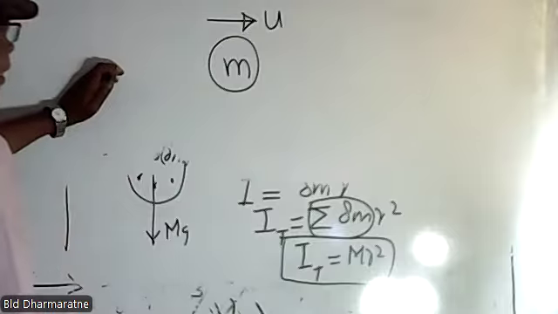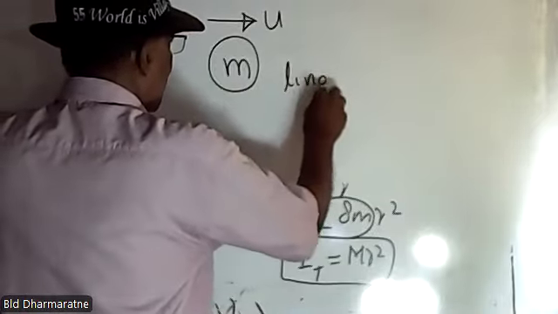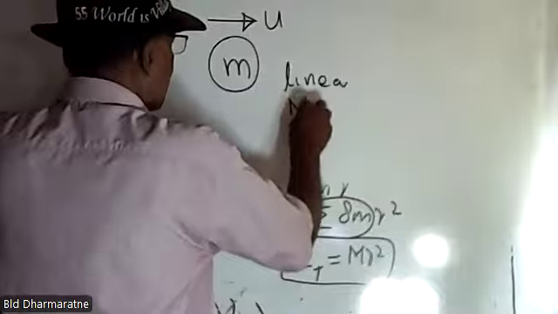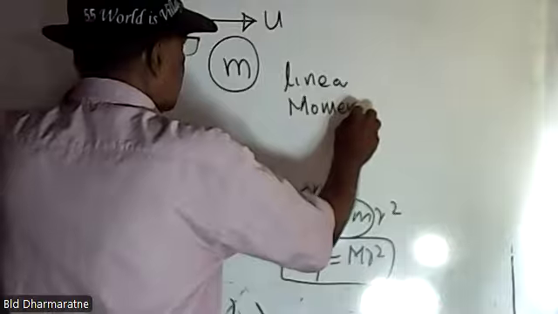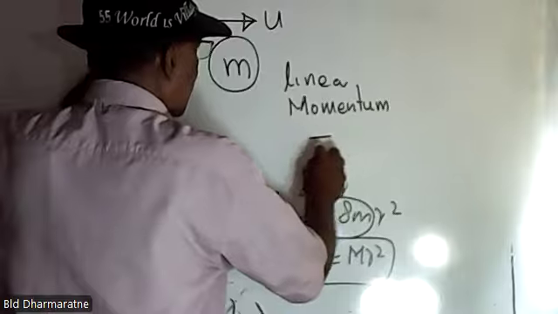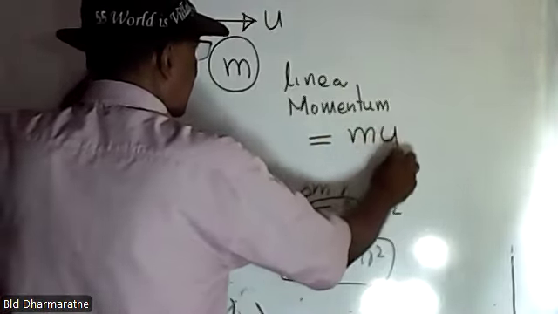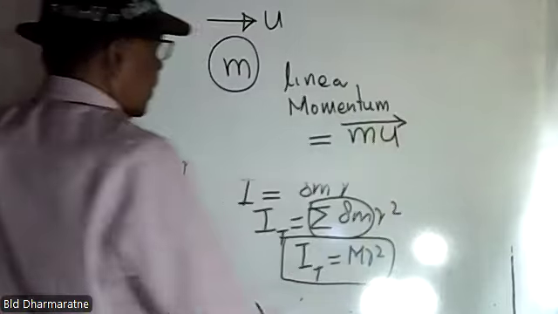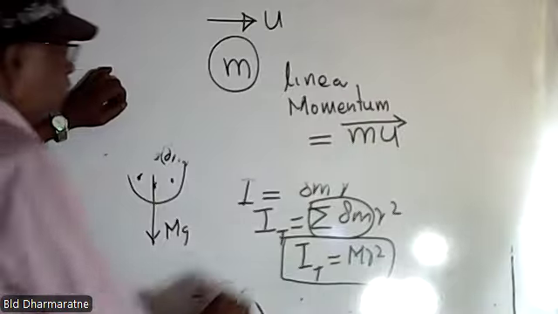Then linear momentum equals m u, mass into velocity, in this direction. It is also a vector quantity, with both magnitude and direction included.